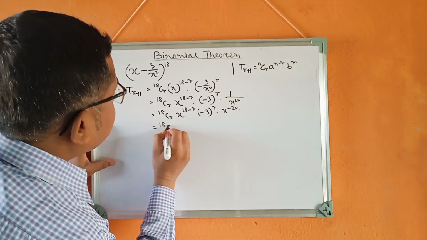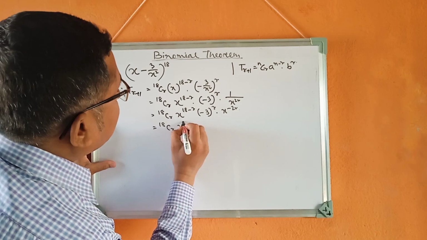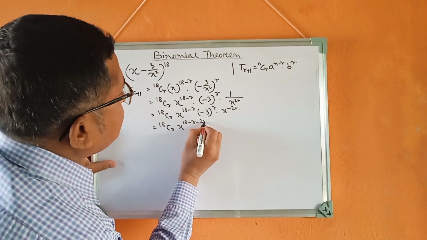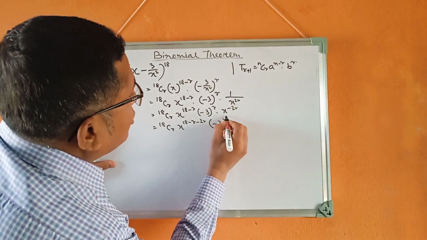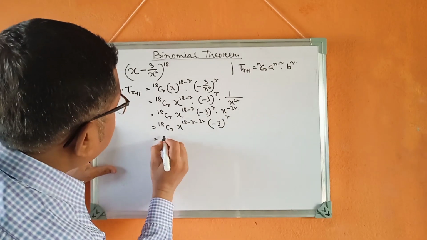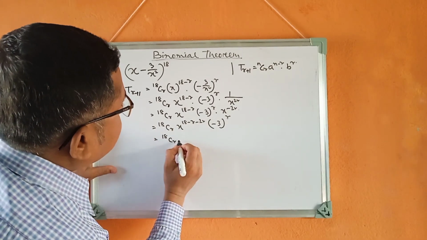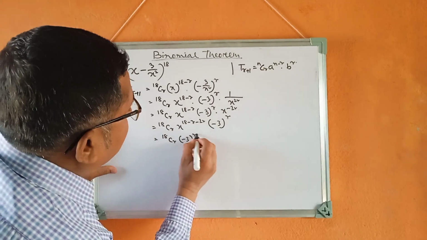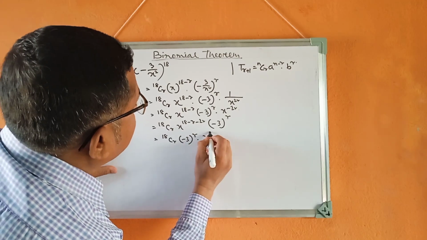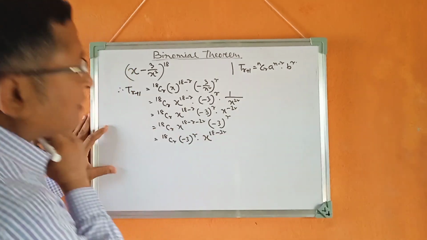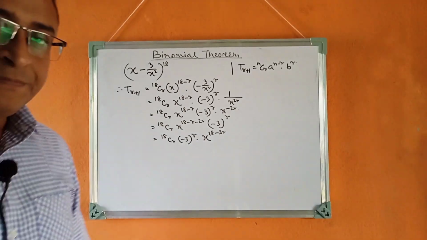Now see, 18Cr x to the power 18 minus r minus 2r into (minus 3) whole to the power r. Now see what happened, 18Cr into (minus 3) whole to the power r into x to the power 18 minus 3r. Hope all of you clear.